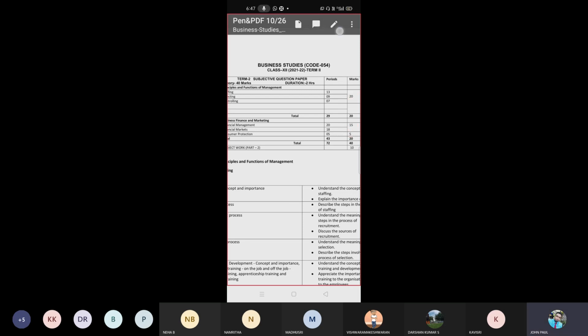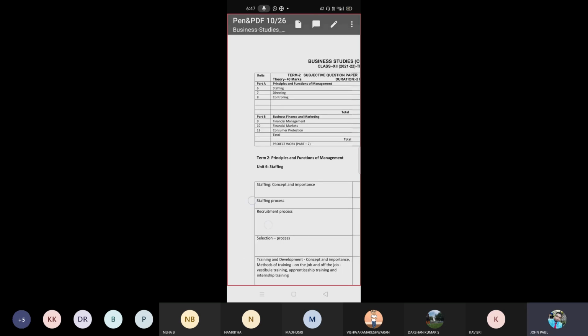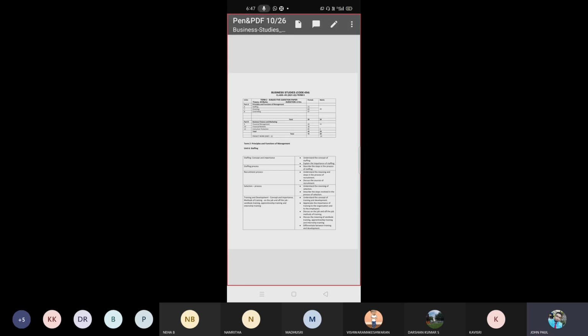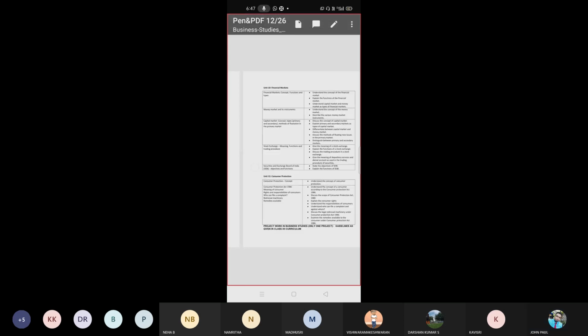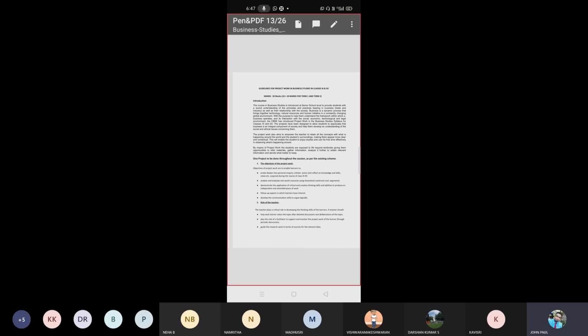So project work part one, this is part two, 10 marks. So total 20 marks. Okay, got it. This is how we people hereafter will be getting ready for the examination. So this is for project, that is 10 plus 10.